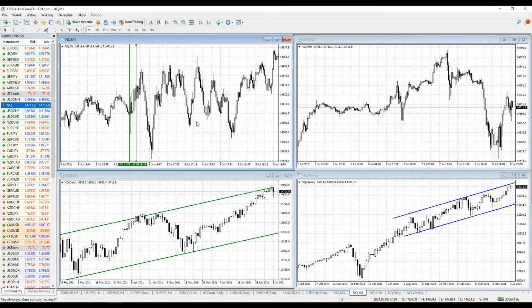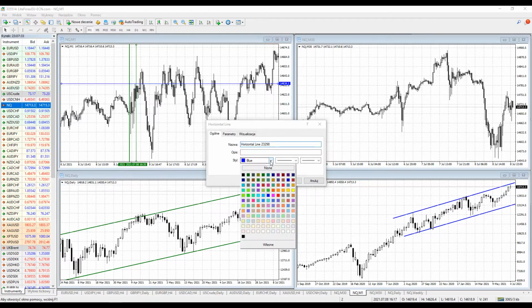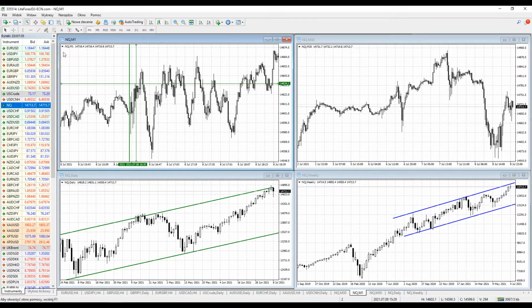So there you go. In that case, what I already know is what I have when it comes to the high within this first 5-minute trading range, and what I have when it comes to the low of the first 5-minute trading range. So here is my box.